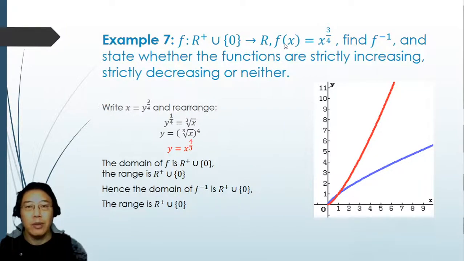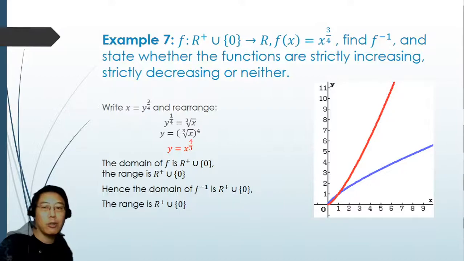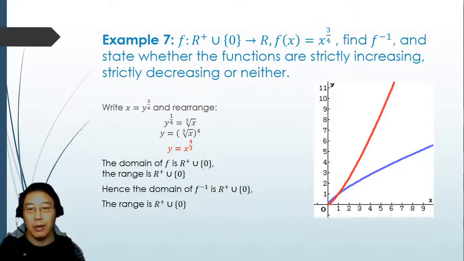Example 7. So you have your function that is defined. You need to determine the inverse and state if the functions are strictly increasing, decreasing, or neither.